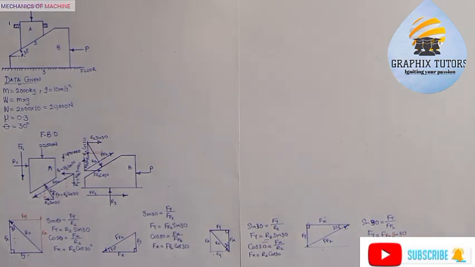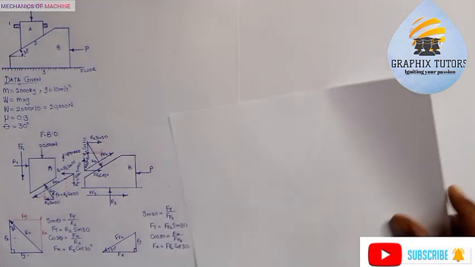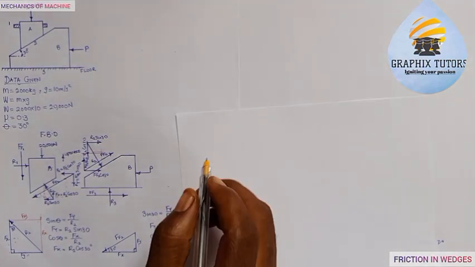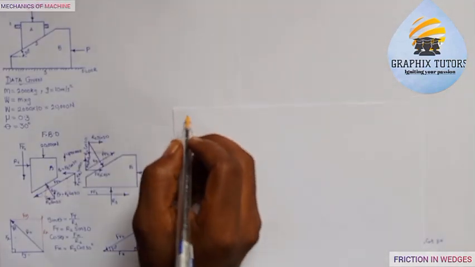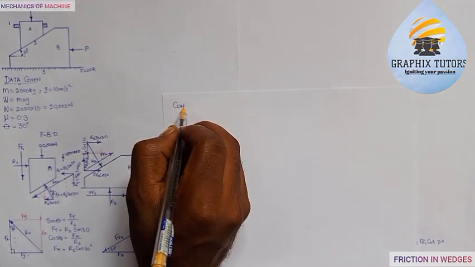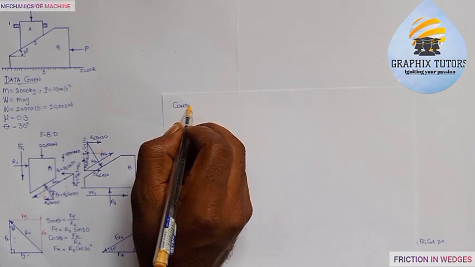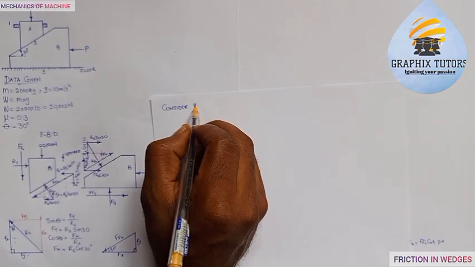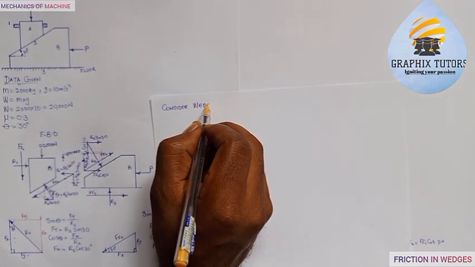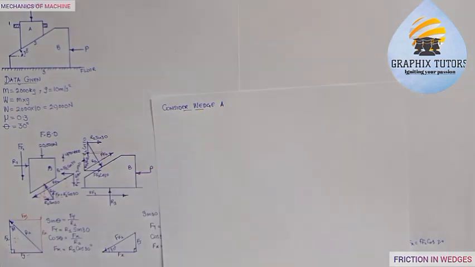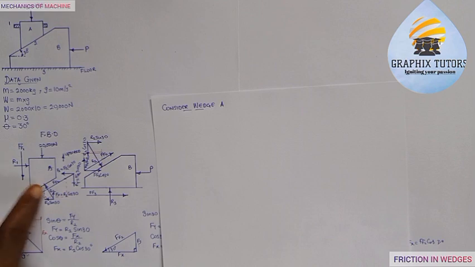Now let's move on. From here, I want to start resolving the forces. So I'm going to write: consider wedge A. So we want to consider wedge A. This is our wedge A that we have here.